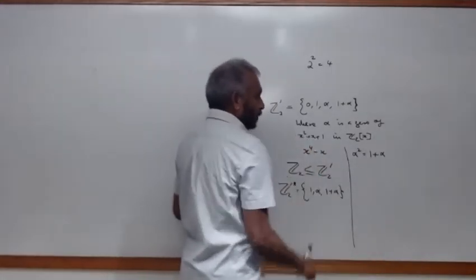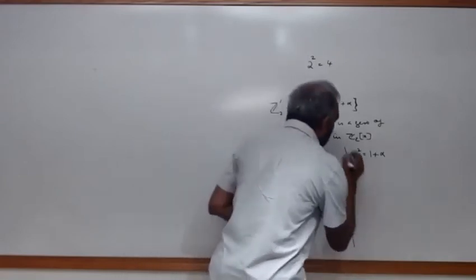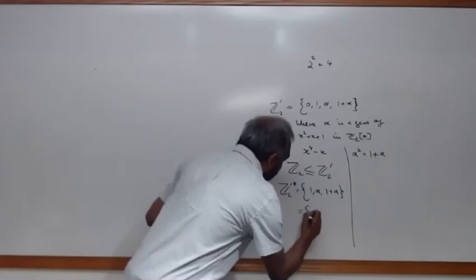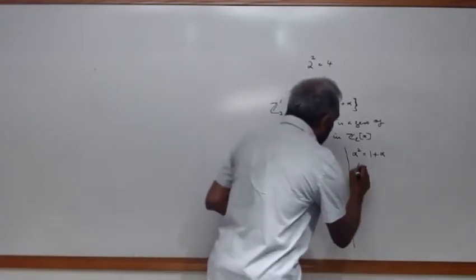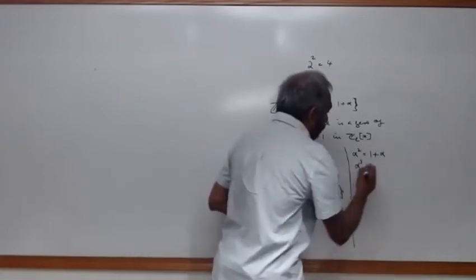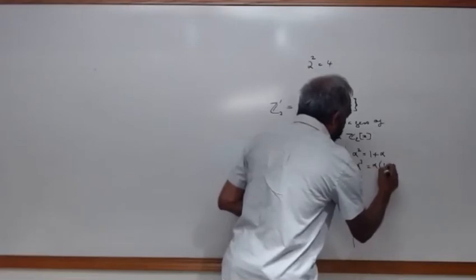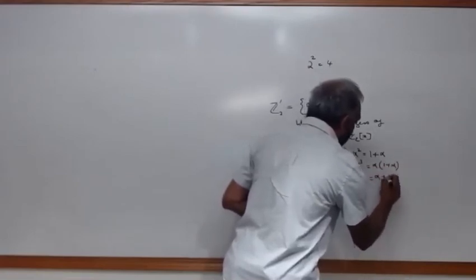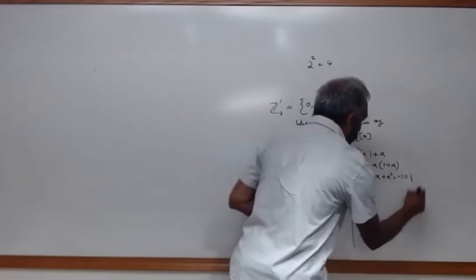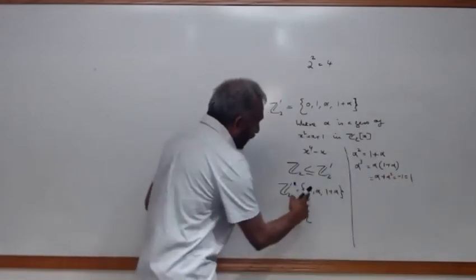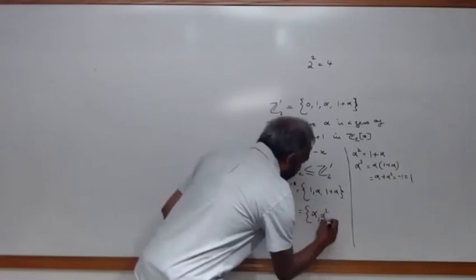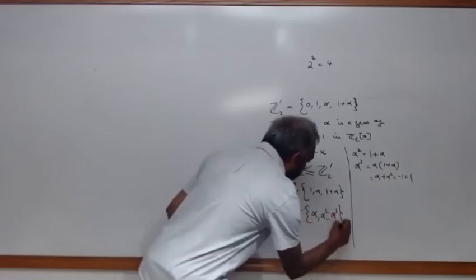So 1 plus alpha. And what is alpha cube? Well, that is alpha times 1 plus alpha. That is alpha plus alpha square, which is equal to minus 1, which is equal to 1. So we can write this as alpha, alpha square, alpha cube.